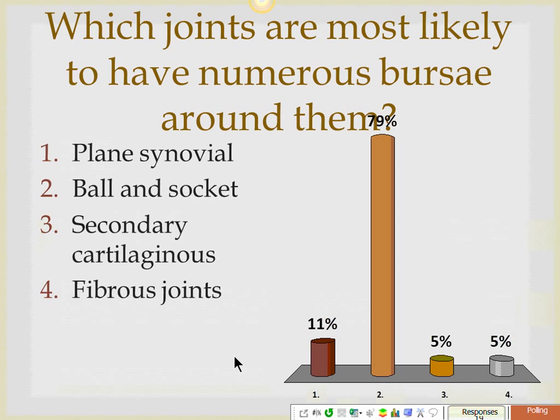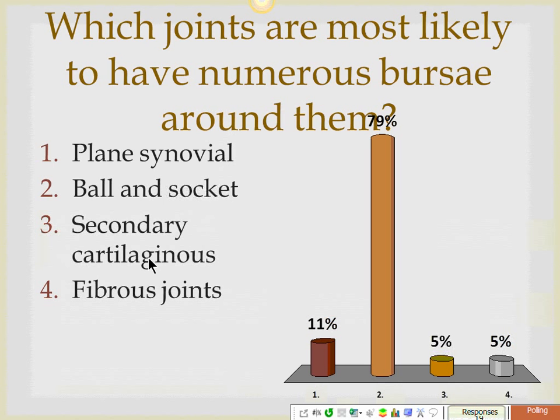In a place where a lot of activity is going to take place, or somewhere where very little activity is going to take place? Obviously somewhere where a lot of activity is going to take place. So along the ball and socket, which has the maximum movement possible, because it moves in all three axes, all movements are possible, okay?